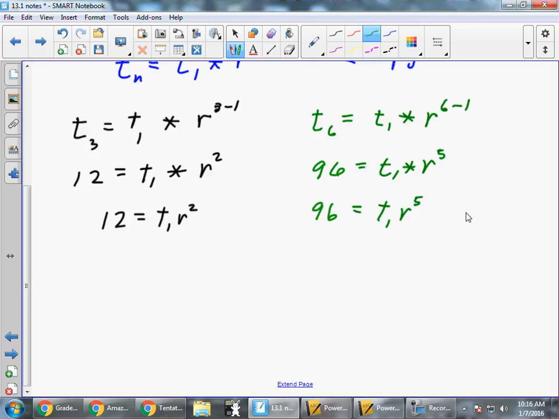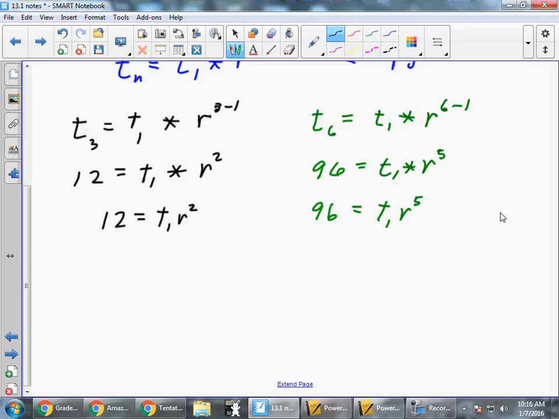Have you heard that term? Or maybe from Algebra 2, you remember that? Two unknowns, two equations. And we have that situation. We have one here and one here. And there's a bunch of different ways you can solve them. I think we should solve for T sub 1.